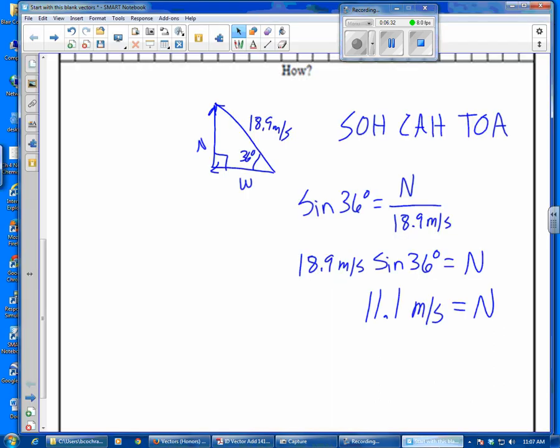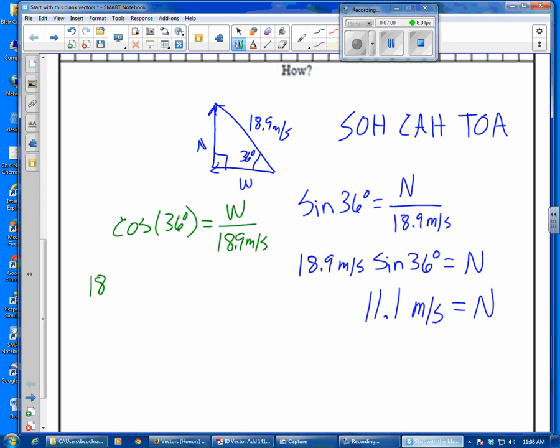You ready to do W? Okay, to do W, I noticed that W is adjacent to my angle, so I'm going to use CAH, which tells me that cosine of 36 degrees equals adjacent W over the hypotenuse of 18.9 meters per second.